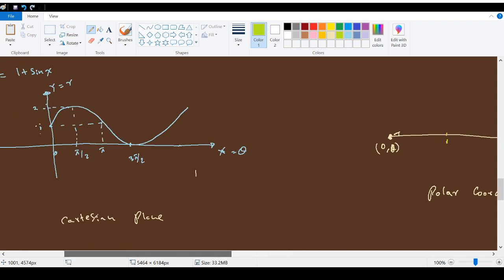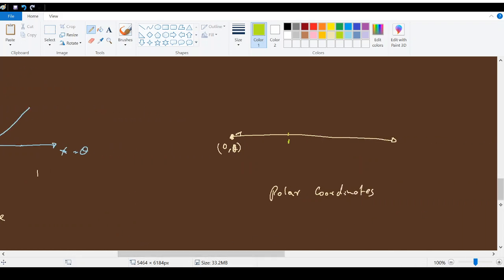And then you can see that when theta increases up to 90 degrees, or pi by 2 radians, the value of r will increase up to 2, right? So that's a special case.